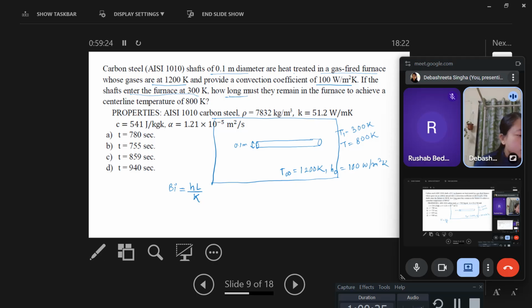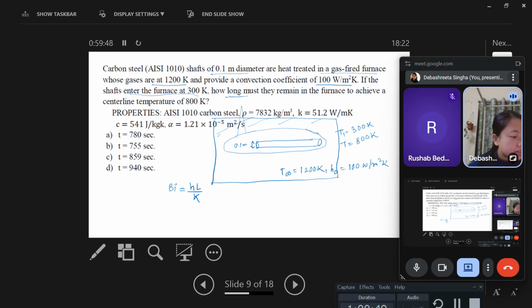Also, you can think in such a way that this surrounding is very, very big compared to this object, which is so small that you can consider there is uniform temperature, the resistance inside the rod is very small.